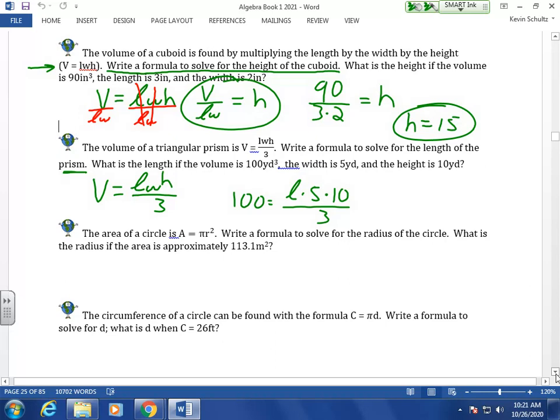Gino? Okay, I'm going to multiply 5 times 10, which will give us 50, right? So I'm just going to erase the 5 and 10 here and put 50. And then what? How do I work to get L by itself?